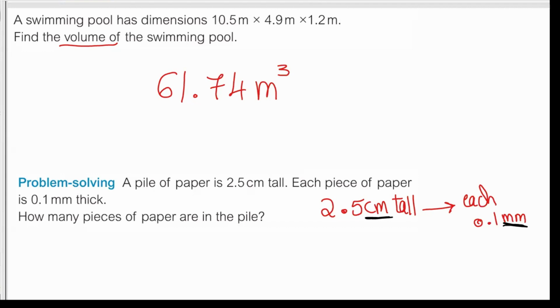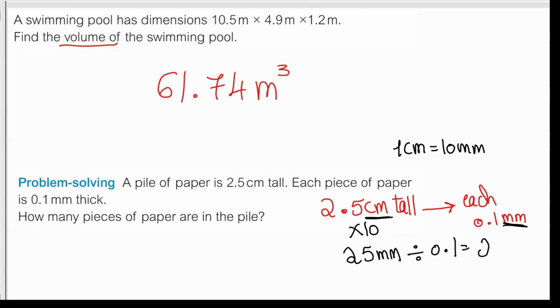So I can convert the centimeters into millimeters by multiplying by 10 because 1 centimeter equals 10 millimeters. So I'll have 25 millimeters, that's my total, divided by each piece's thickness, the 0.1. So 25 divided by 0.1, and this means you have 250 pieces of paper.